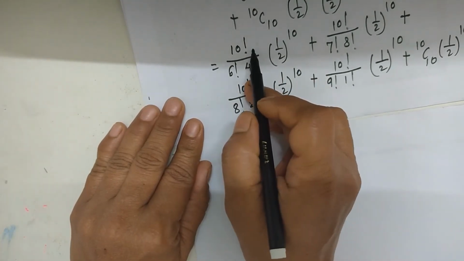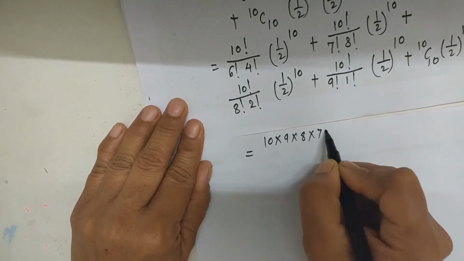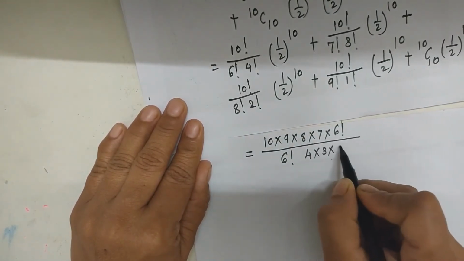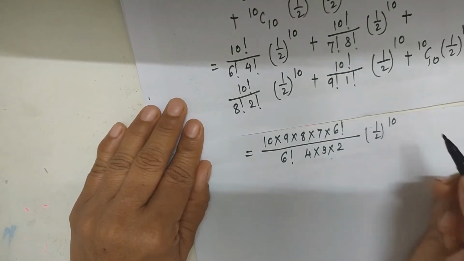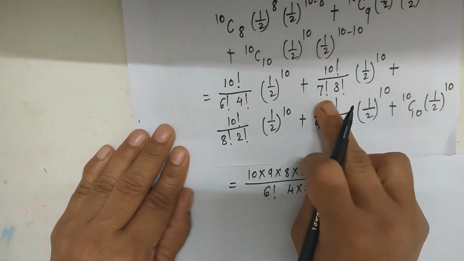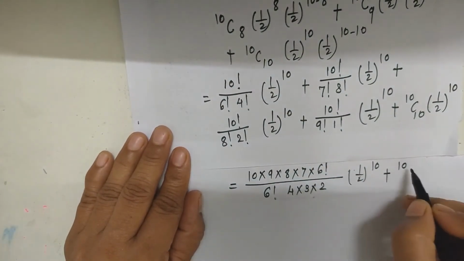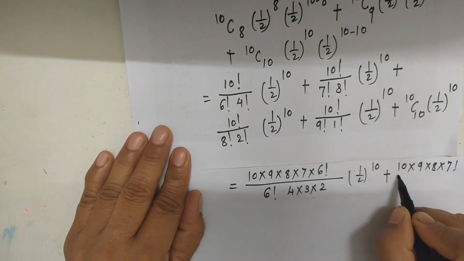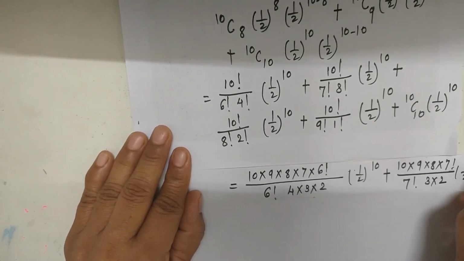So 10 factorial in terms of 6 factorial can be written as 10 into 9 into 8 into 7 into 6 factorial upon 6 factorial into 4 factorial means 4 into 3 into 2, half raised to 10, plus 10 factorial in terms of 7 factorial can be written as 10 into 9 into 8 into 7 factorial upon 7 factorial into 3 factorial means 3 into 2, and half raised to 10.